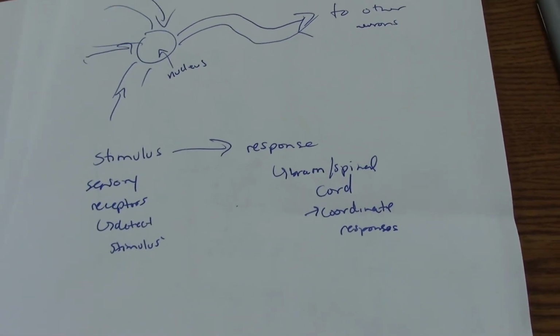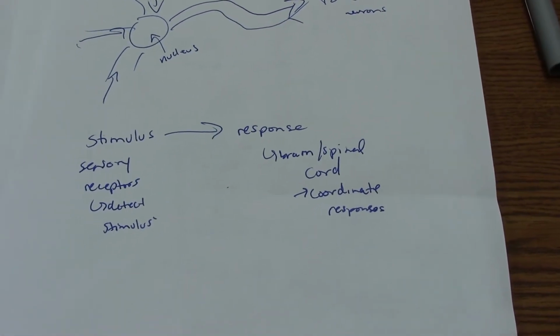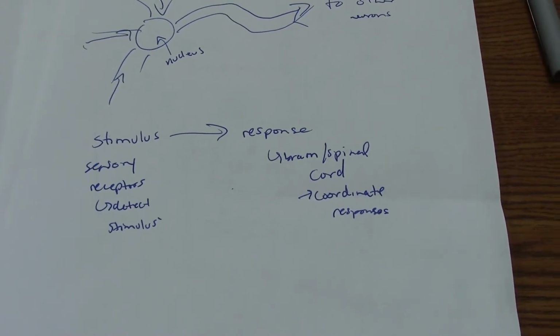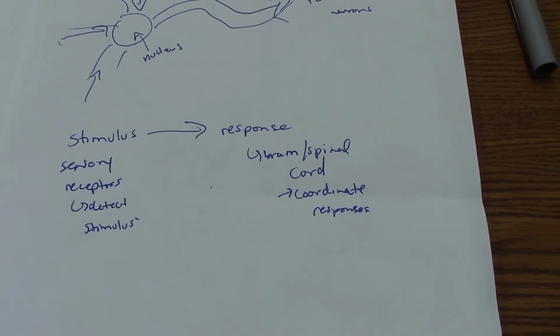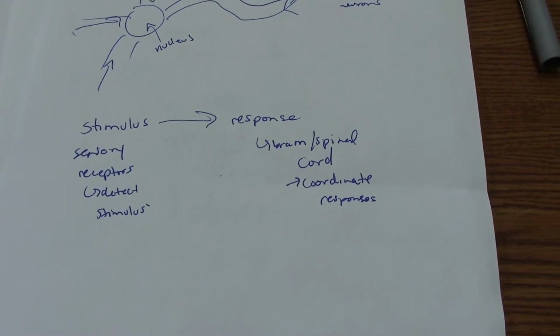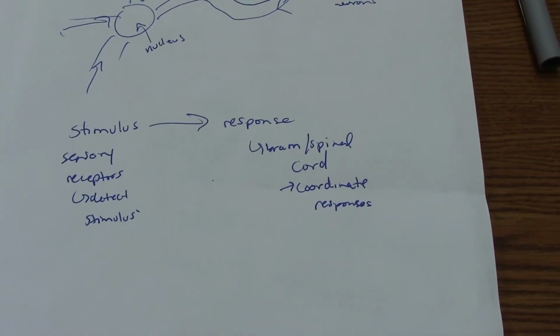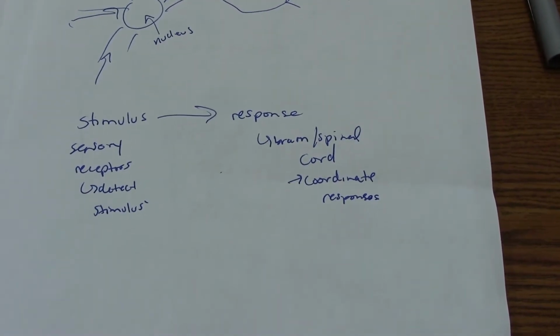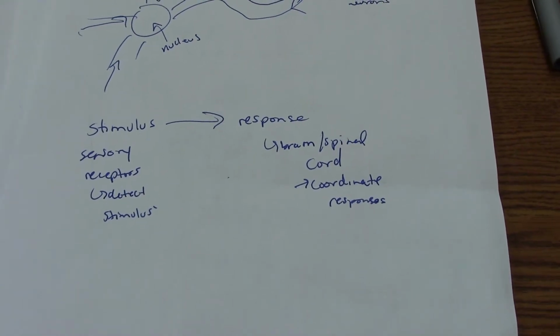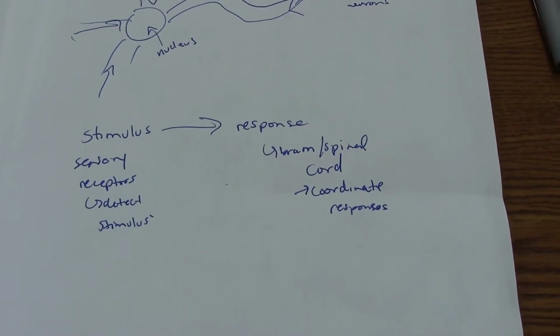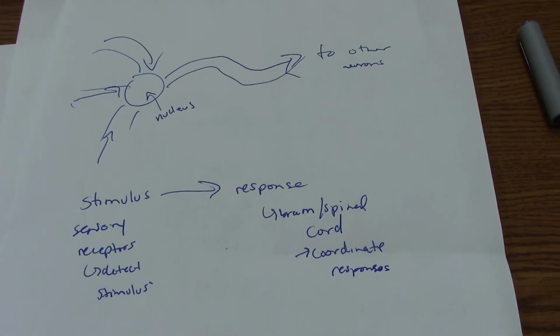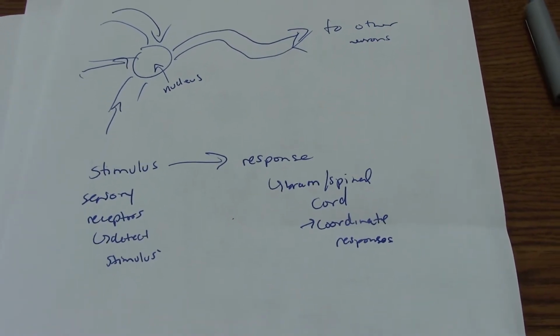So whether that be to move away from a threat, or maybe dilate or constrict your pupils if the amount of light in a room or in an area changes, or maybe you smell something like fire, and then the correct response is to move away from that area.